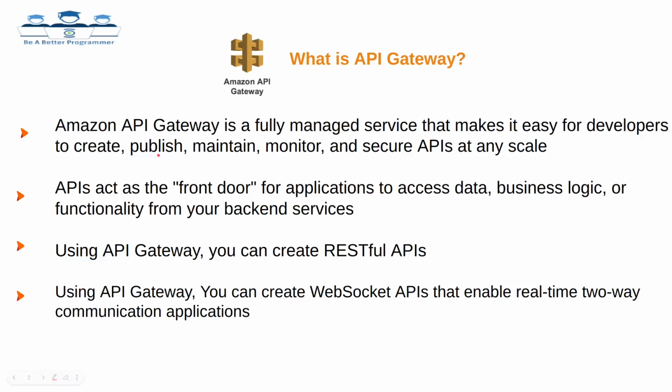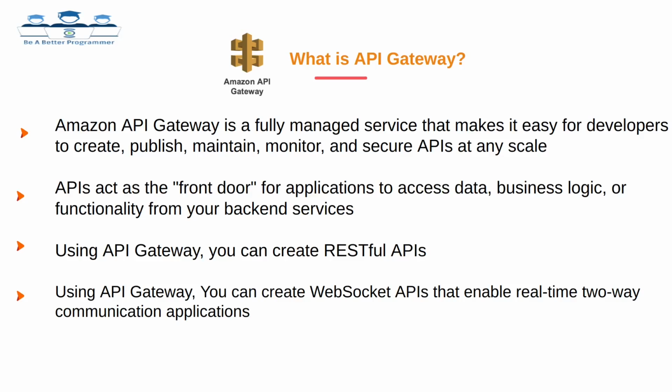So what is API Gateway? Amazon API Gateway is a fully managed service that makes it easy for developers to create, publish, maintain, monitor and secure APIs at any scale.